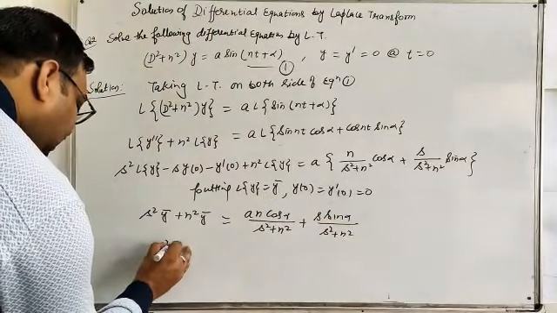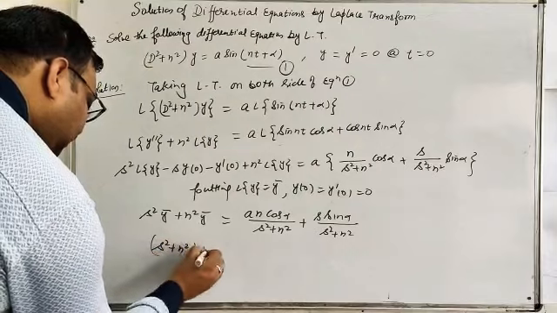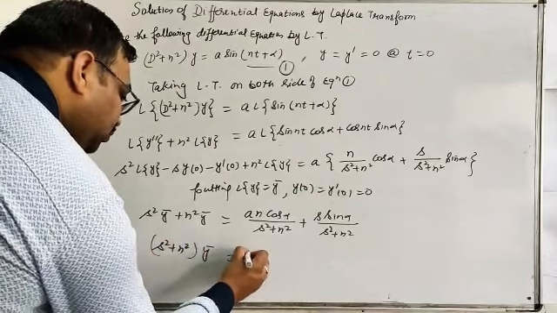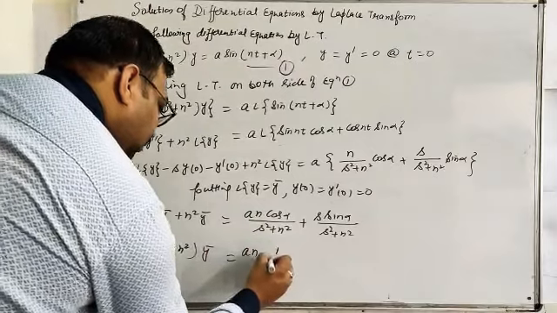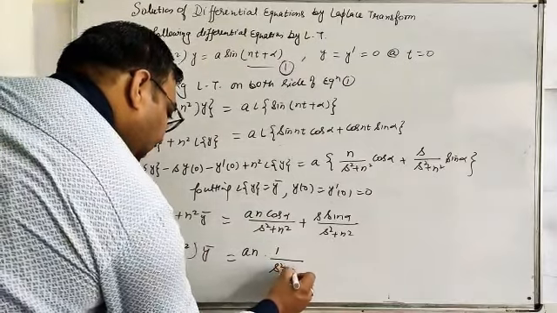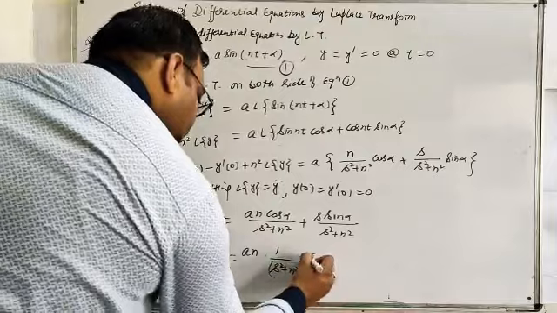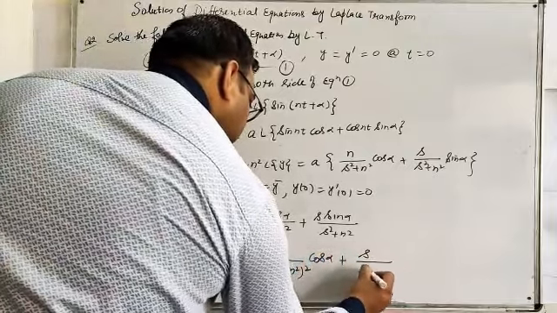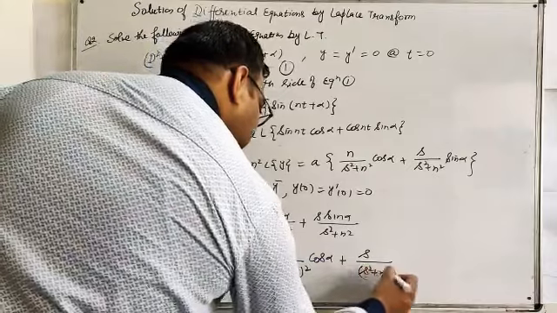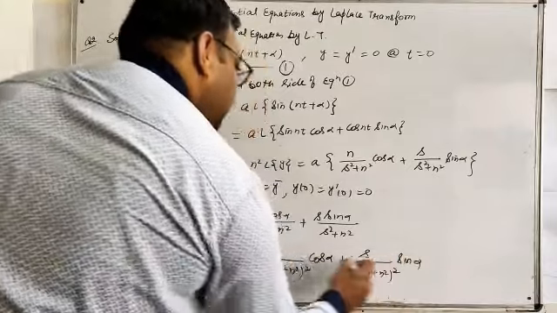Or we can write it as (s square plus n square) y bar is equal to a n times 1 upon (s square plus n square) whole square cos alpha plus s upon (s square plus n square) whole square sin alpha.